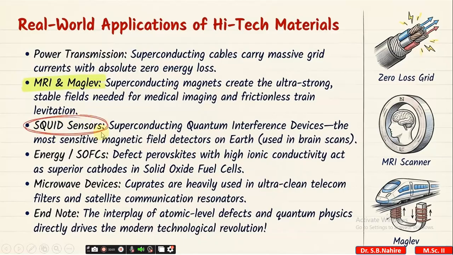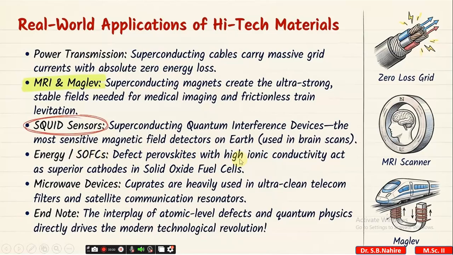Now, next important application. SQUID sensors. SQUID stands for Superconducting Quantum Interference Devices. These are the most sensitive magnetic field detectors available. They are used in applications like brain imaging and advanced research. Next, energy applications, especially solid oxide fuel cells or SOFCs.